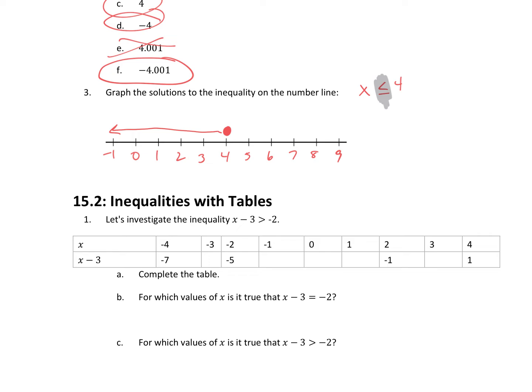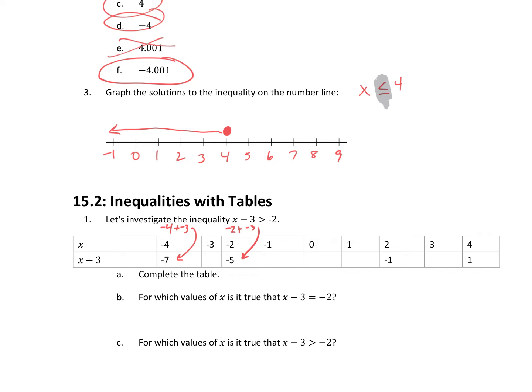For number 1, we have negative 4, and negative 4 minus 3, or plus negative 3, is going to equal negative 7. Negative 2 plus negative 3 is going to equal negative 5. So go ahead, pause the video, continue filling out the rest of the table, and restart the video.